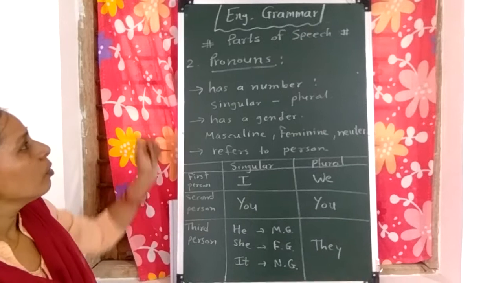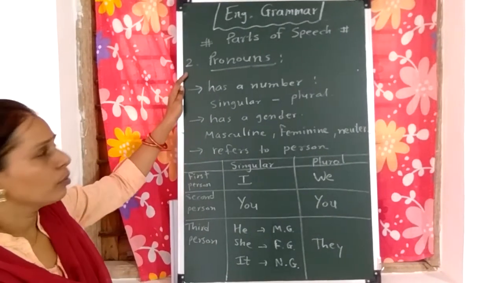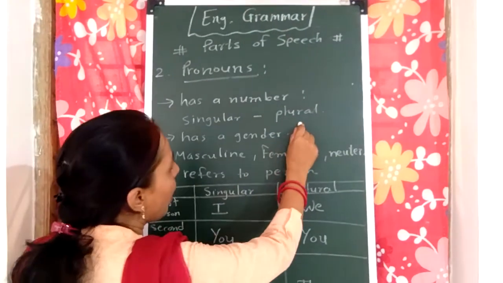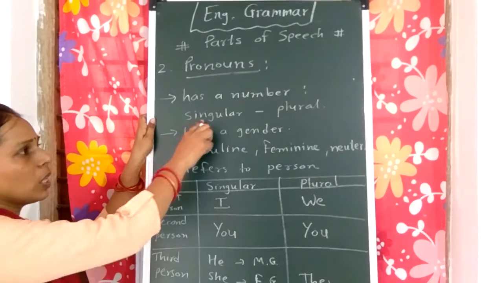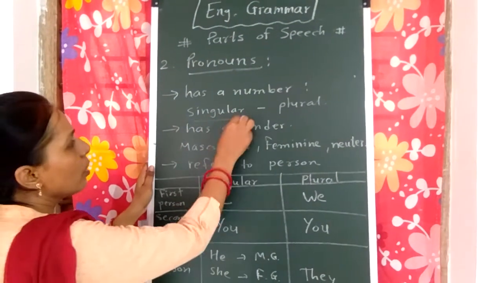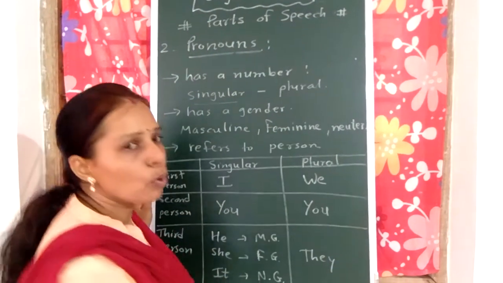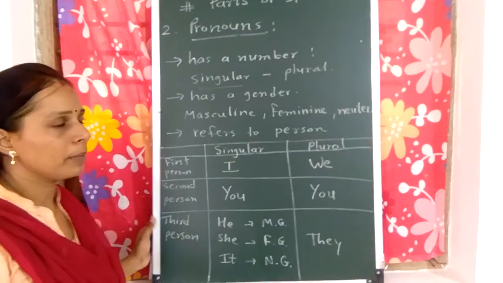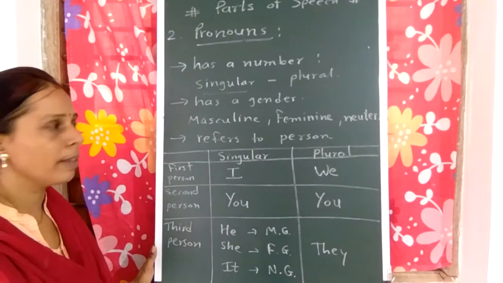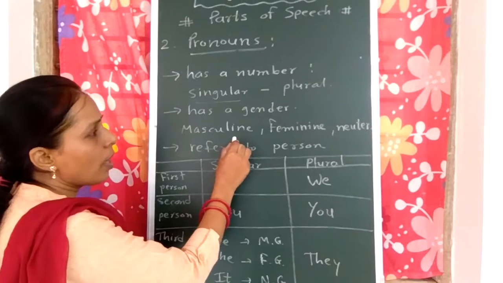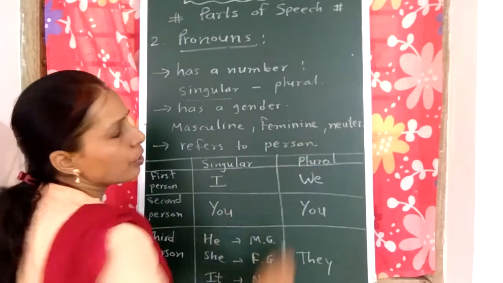Okay. Now a pronoun has number as singular and plural. Singular means only one and plural means more than one, means many, 2, 3 and more. It also has gender as masculine, feminine and neuter.